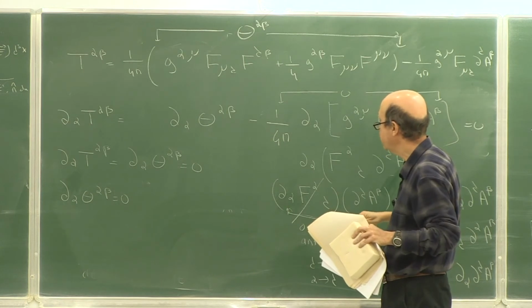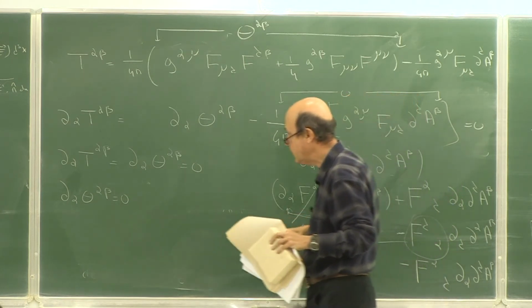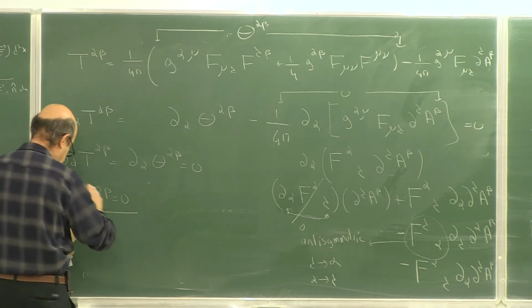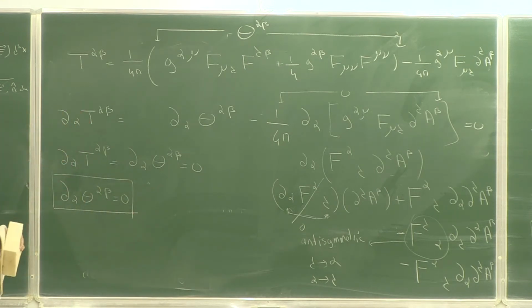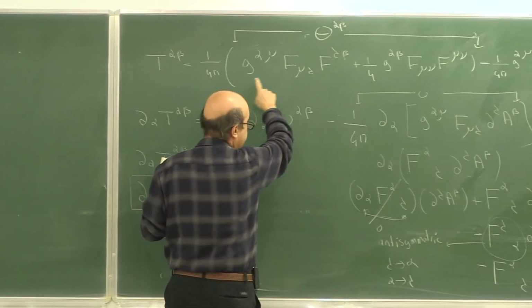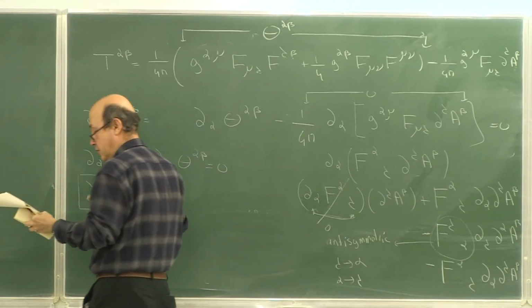It is symmetric because if you replace the alpha and beta, nothing will be changed. And at the same time, divergence of this theta alpha beta is equal to 0. That is giving some conservation laws. So we will see those conservation laws quickly. So elements are the following. I am not going to write the theta alpha beta again. That is very important. That is the symmetric stress tensor.